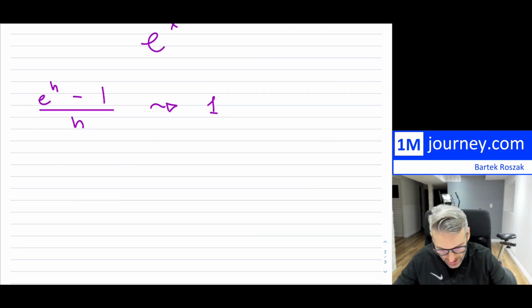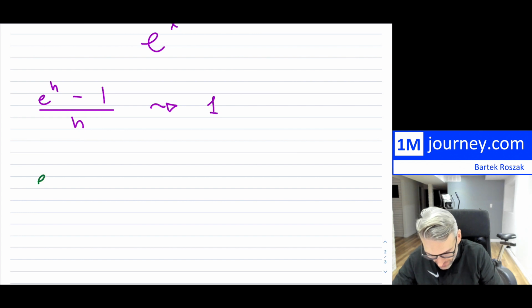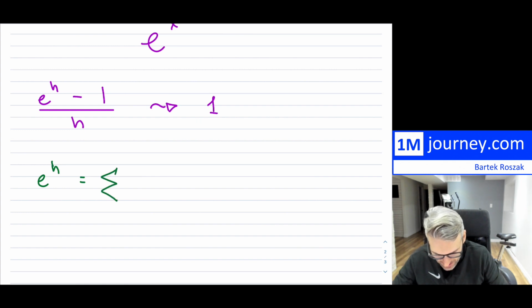I'm going to refresh you back, and I'm going to use that e to the h is actually equal to, and this is the same thing as, the summation of k equal to 0 going to infinity of h to the k divided by k factorial.